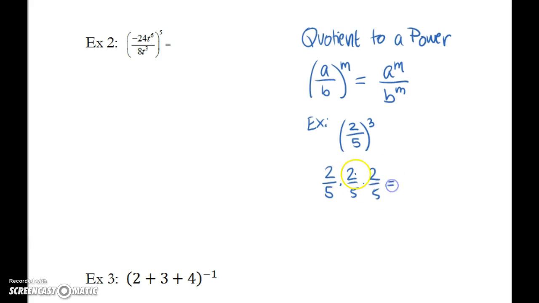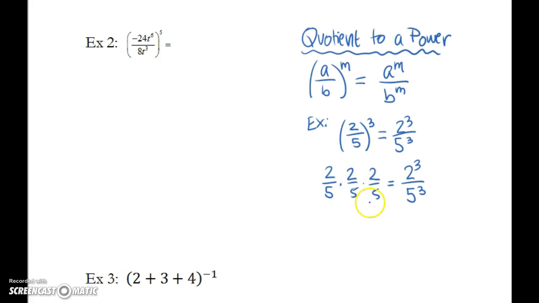And if we were to condense it, we have 3 2's that we're multiplying together, or 2 to the third, and 3 5's, which is 5 to the third. The quotient to a power property says, hey, we can just distribute. So you can memorize the property, but you can see where it's actually coming from. So that's one property that we're using.